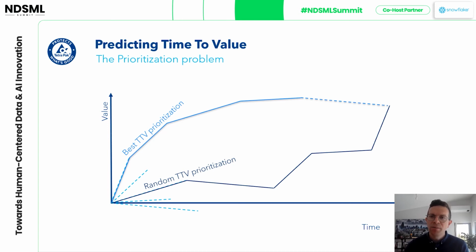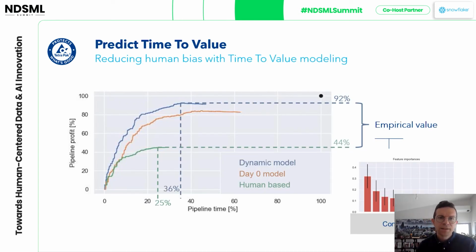Now let's talk about the next step. Let's think that we have iterated now for a while, and now we actually have historical baselines of our human-based prioritization. And this is, for example, what we have in this green curve here. We have an understanding of our probabilities of success and what is our hit rate, basically. So we can understand the probability that we had historically, and also the time that we were expecting to close this opportunity.